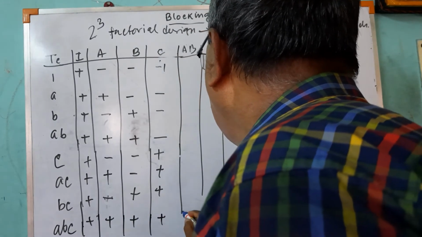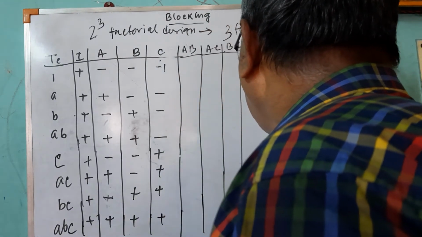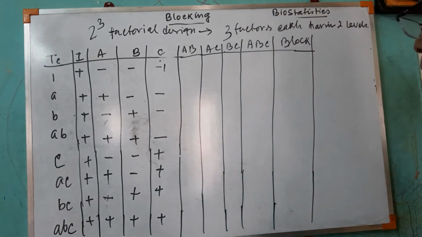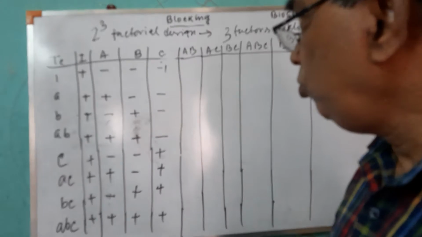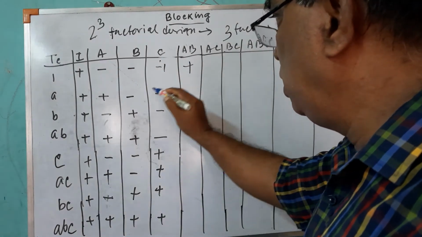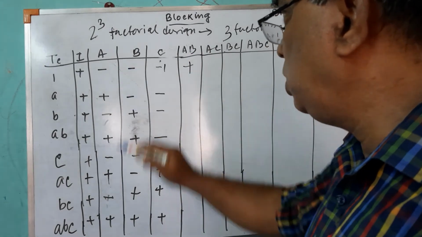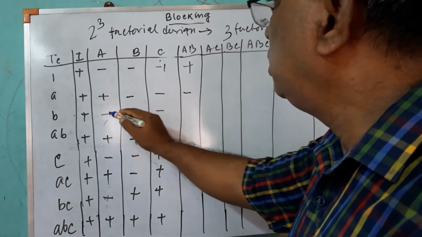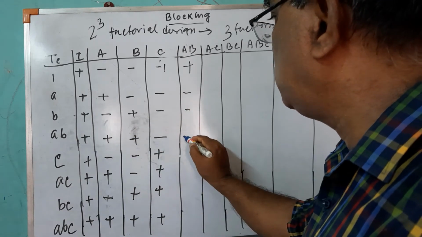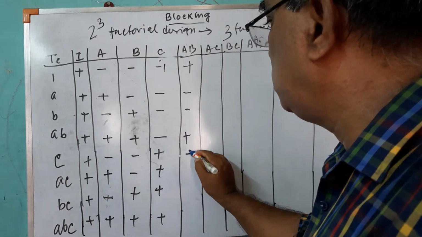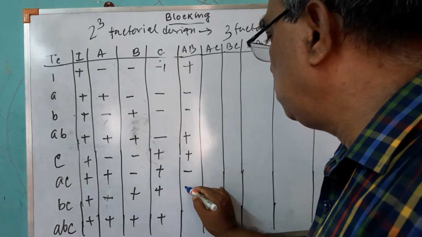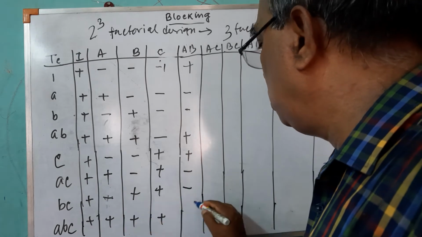Now you can find this. Now tell me, AB means this into this. This is plus. Then this into this minus, minus, plus, plus, minus, minus, plus.